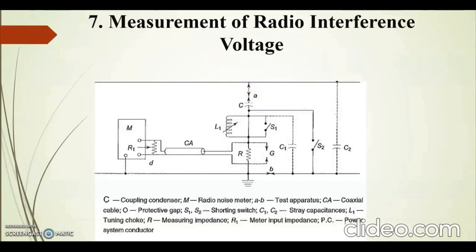We can see here that this is the radio interference meter, that is M, that is measuring. M will act as a radio interference meter and R1 represents the meter impedance. Now suppose this is PC.